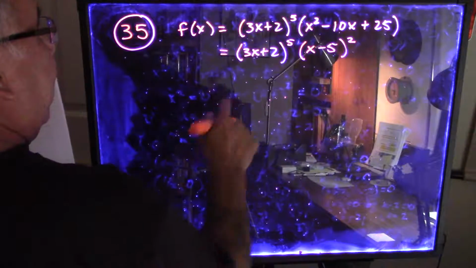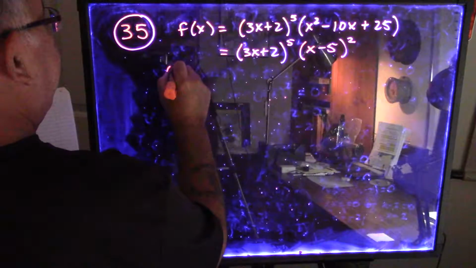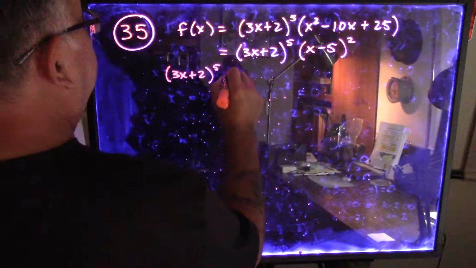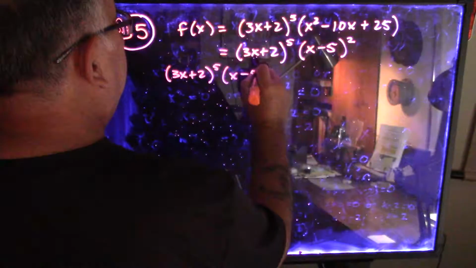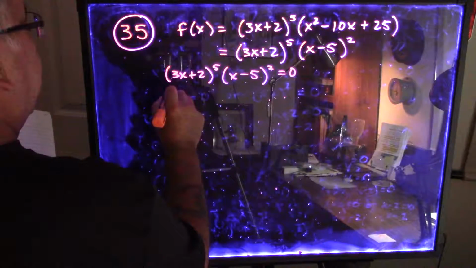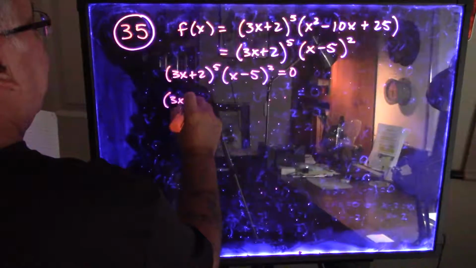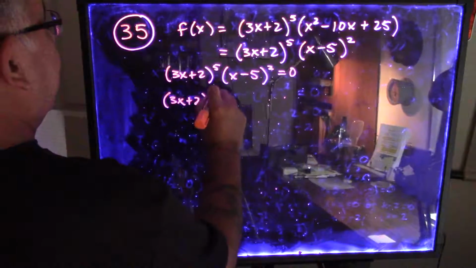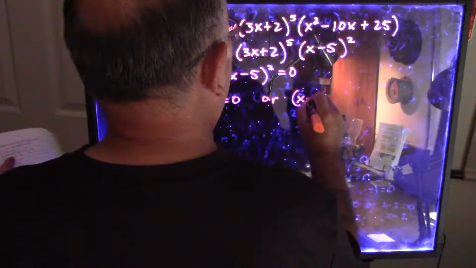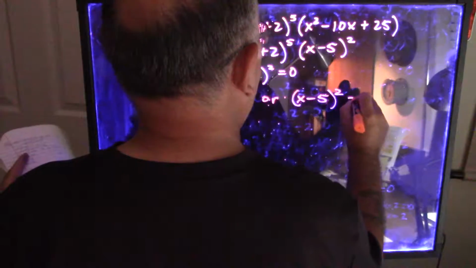So you set this equal to 0. Which means that 3x plus 2 quantity to the 5th equals 0, or x minus 5 quantity squared equals 0.